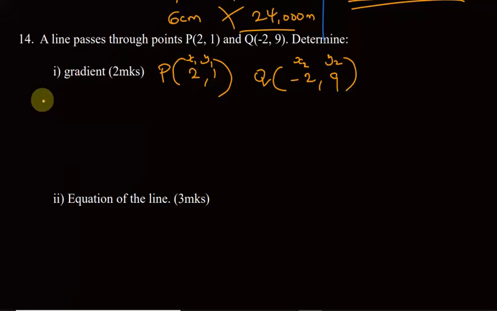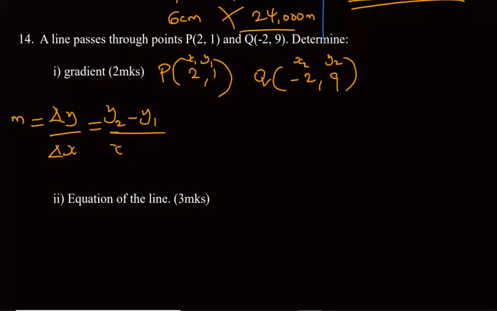We want to find the gradient. Gradient is represented as m. We take change in y divided by change in x. This basically means y2 minus y1 divided by x2 minus x1.